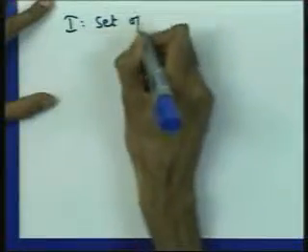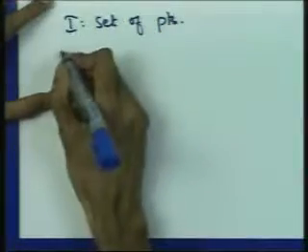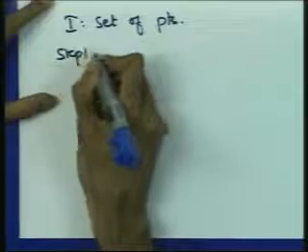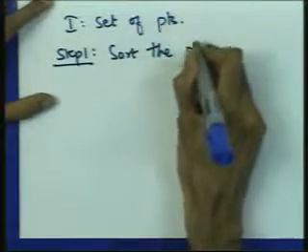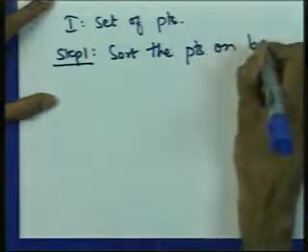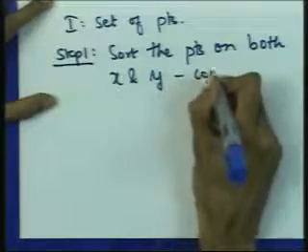So the input is a set of points. Step 1: sort them on both x and y coordinates.